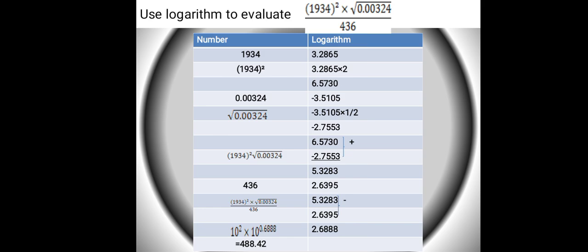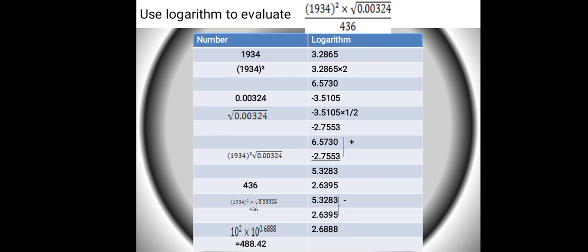The logarithm of 0.00324 is 3.5105. To get the square root of that number, we multiply by half. We get about 2.7553. Now we multiply the numbers in the numerator. That means adding the logarithms. We get 5.3283.